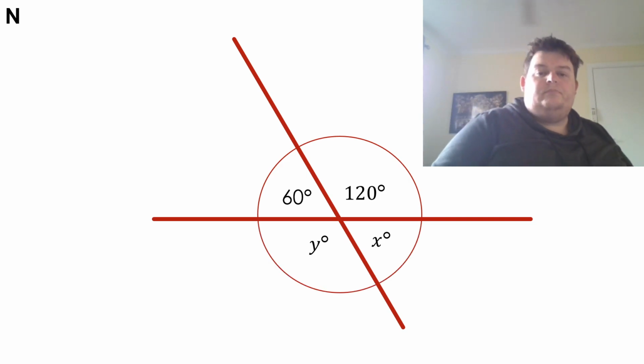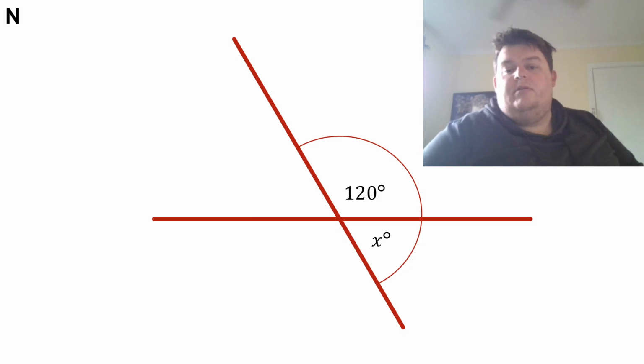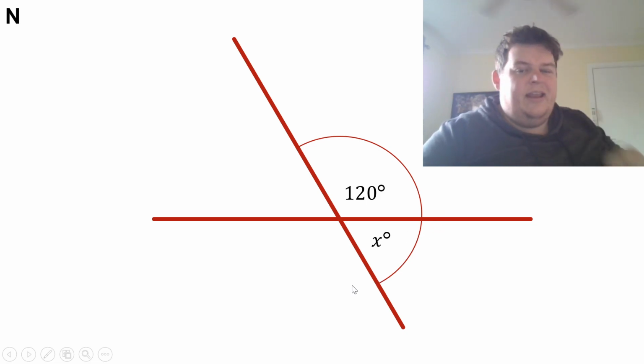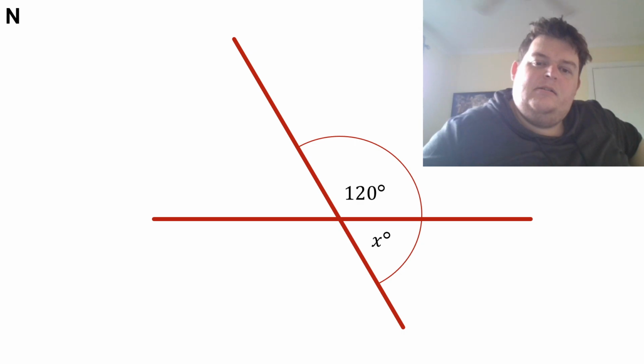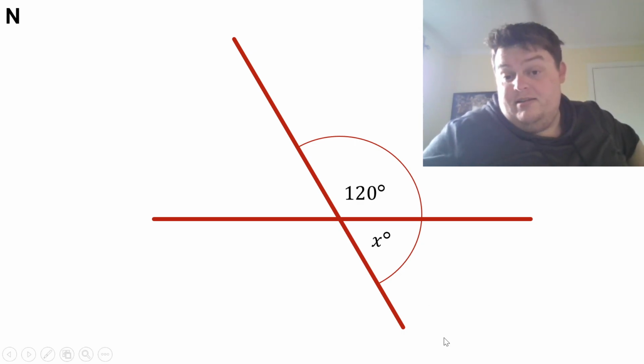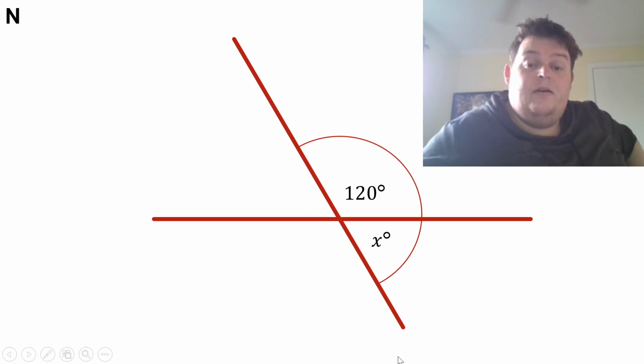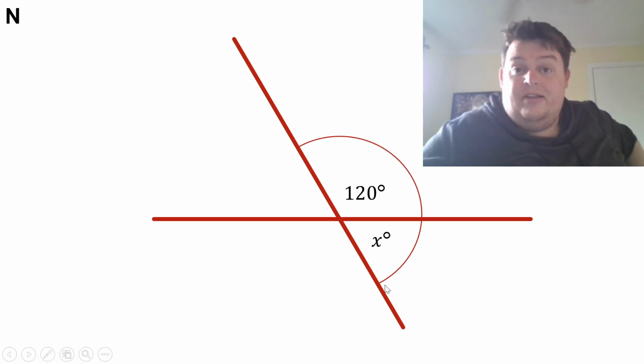Okay. Now, this value here, so I have 120 again, and I've got this little value here. How can I figure that out? Have to think about it for a second. Okay, I hope you're shouting it at your screen. This is also a straight line, as I said before, meaning this angle from here all the way around to here is 180 degrees.